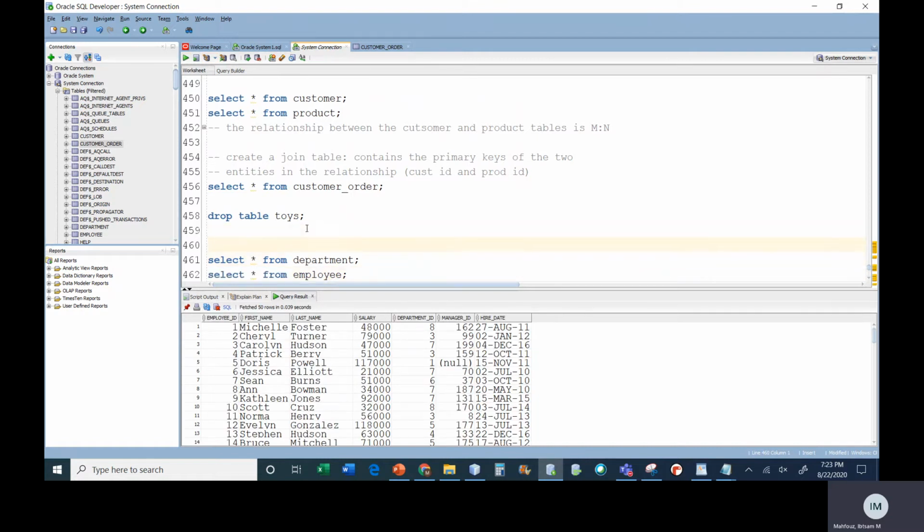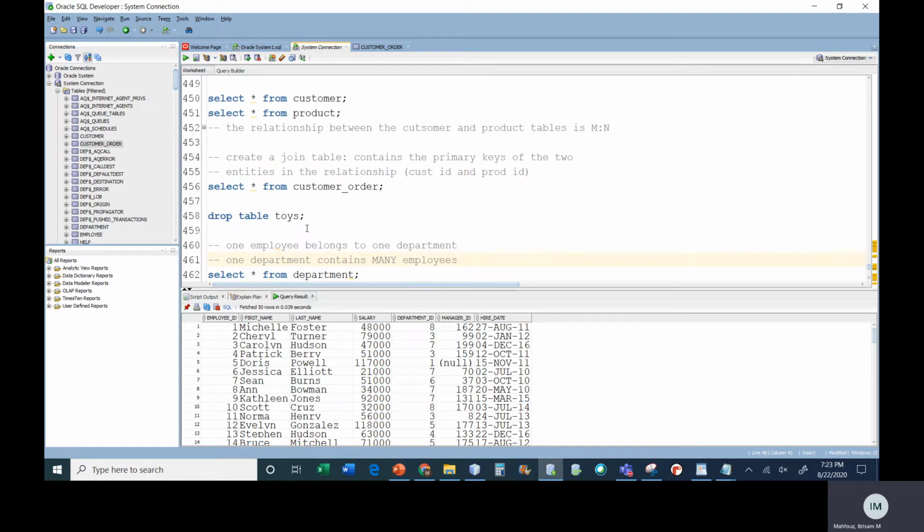So let's ask ourselves, what is the relationship between the department and employee? Well, one employee belongs to one department, okay? However, one department contains many employees.